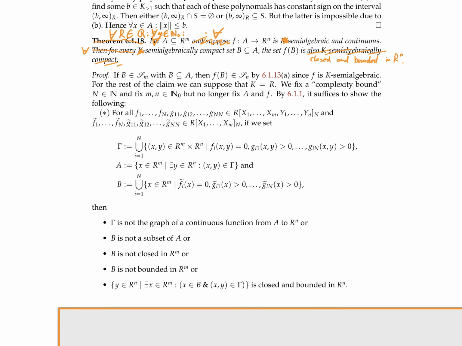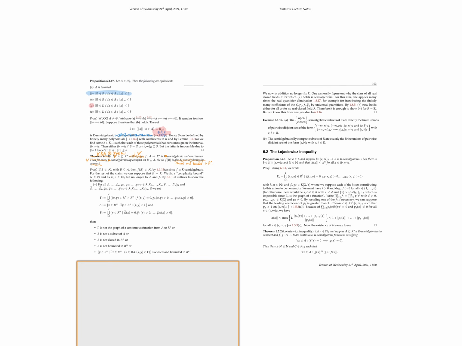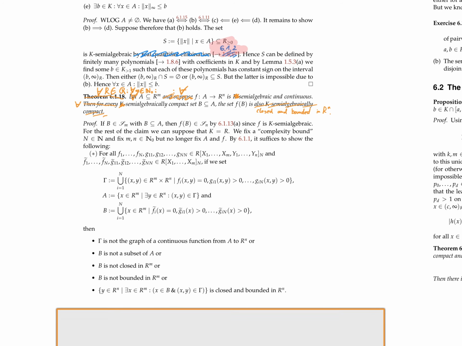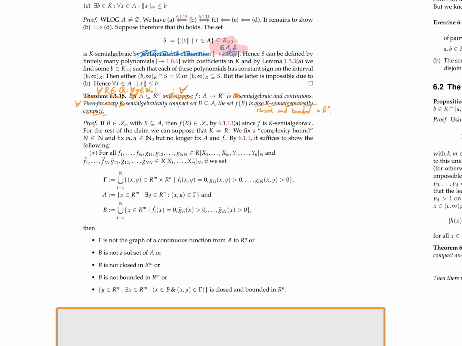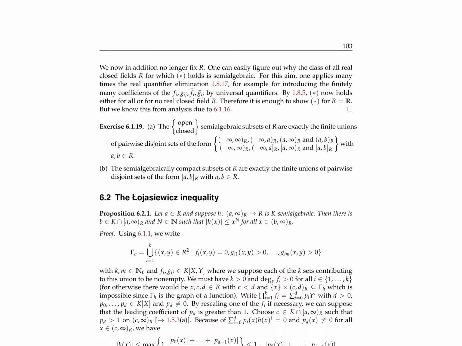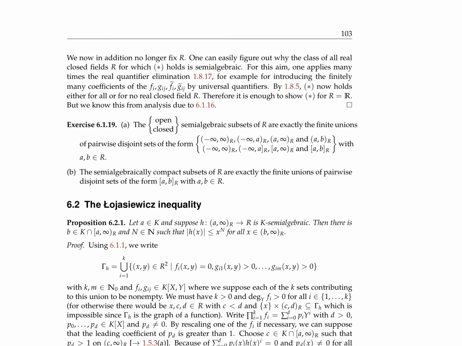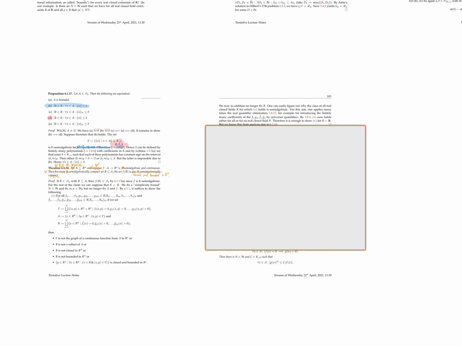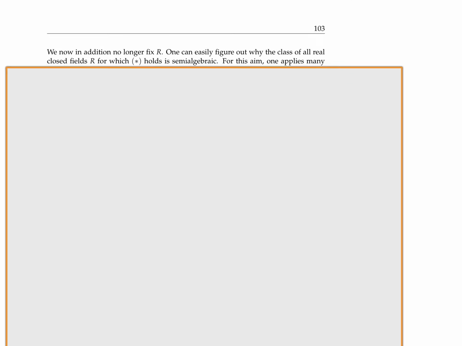Right, and so that expresses exactly what we want, and of course for fixed m, n and R, and we now in addition no longer fix R, one can easily figure out why the class of all real closed fields R for which star holds is semi-algebraic, right?